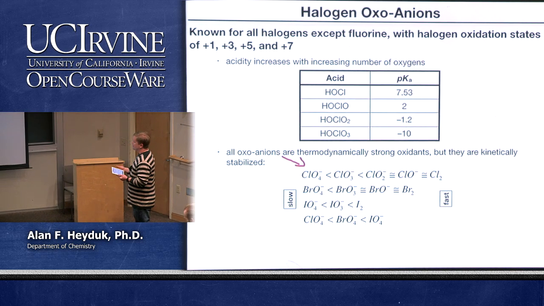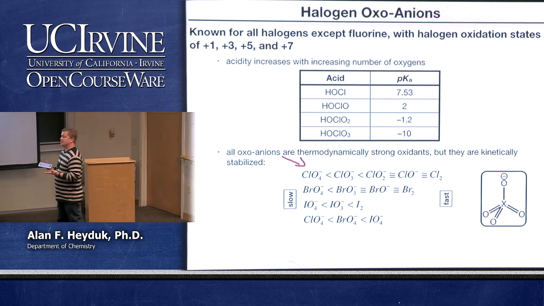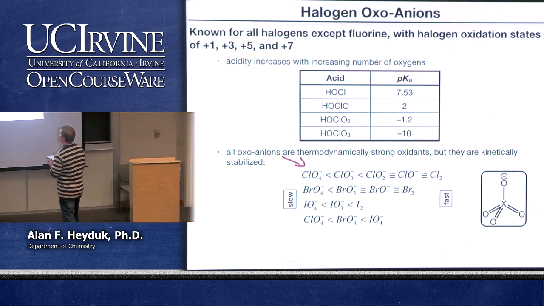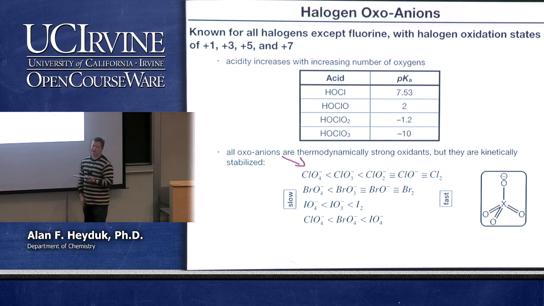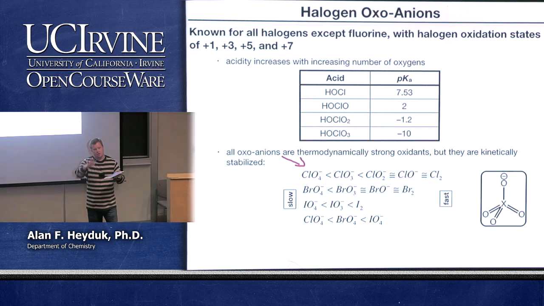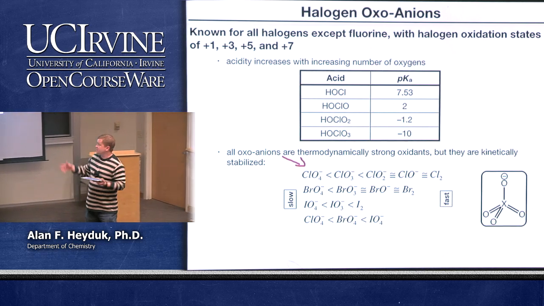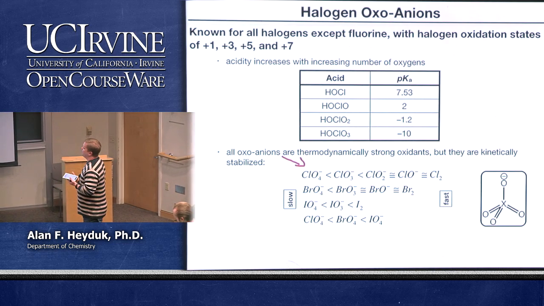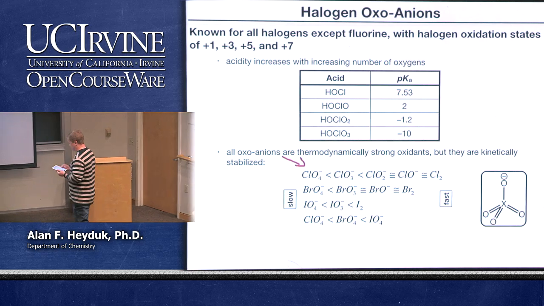Now, as for this kinetic stability, it probably makes sense if you look at the structure. So with the perchlorate or the perbromate or the periodate, we basically have a tetrahedral structure. Looks the same in all 3 dimensions. You get resonance structures where you can move the double bonds around, and you basically stabilize it through this idea of resonance.